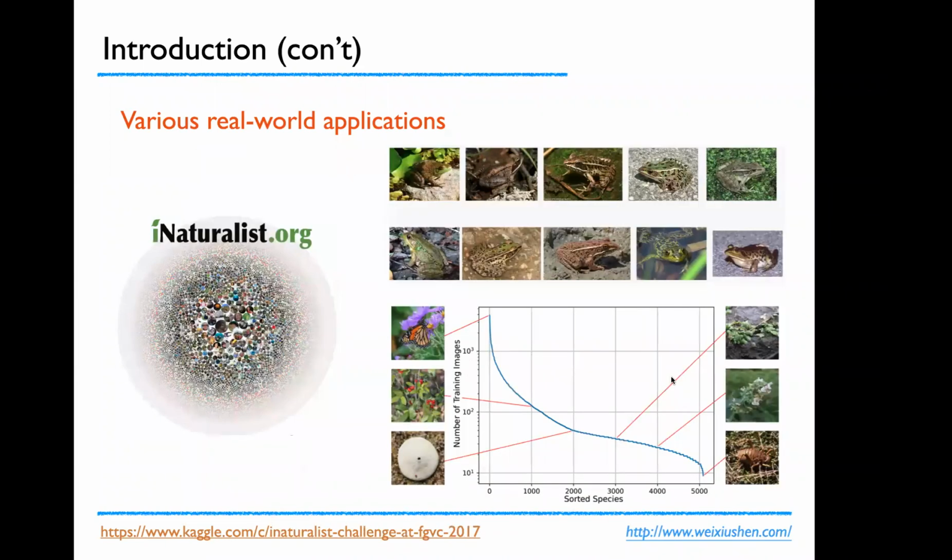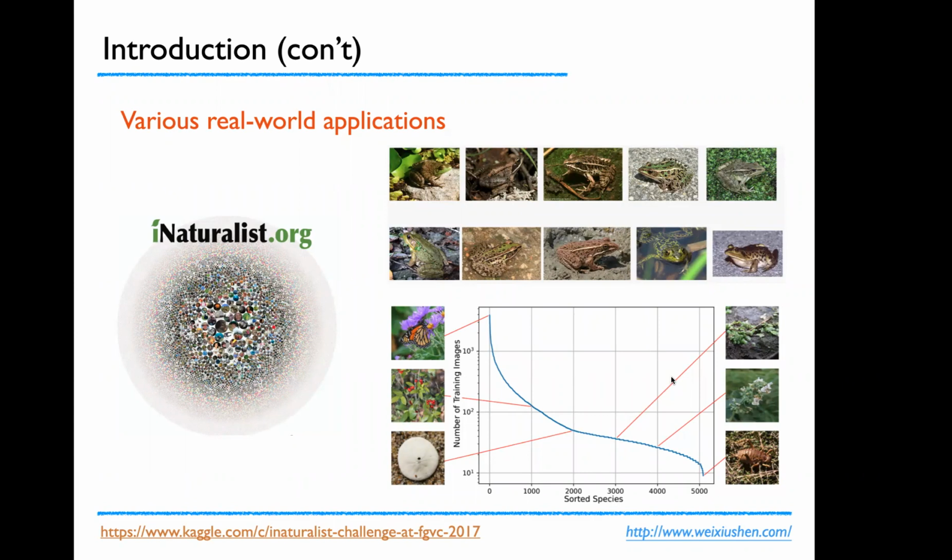Additionally, as mentioned by Serge, the famous naturalist competitions in the fine-grained community ask participants to develop fine-grained algorithms to deal with not only fine-grained problems, but also the long-tail challenge.